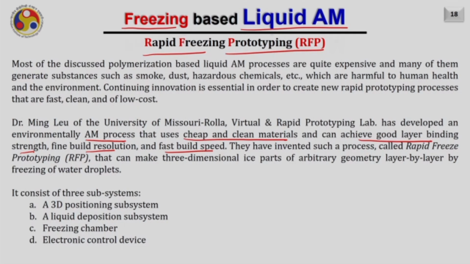They have invented such a process called rapid freeze prototyping (RFP) that can make three-dimensional ice parts of arbitrary geometry layer by layer by freezing of water droplets.